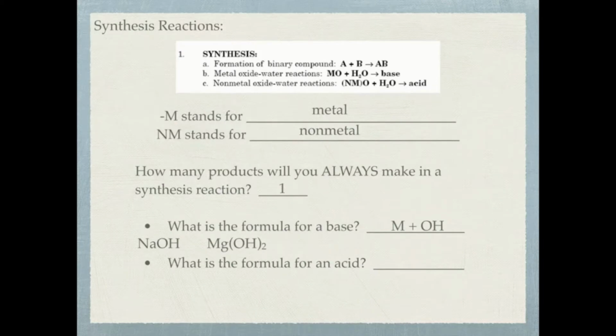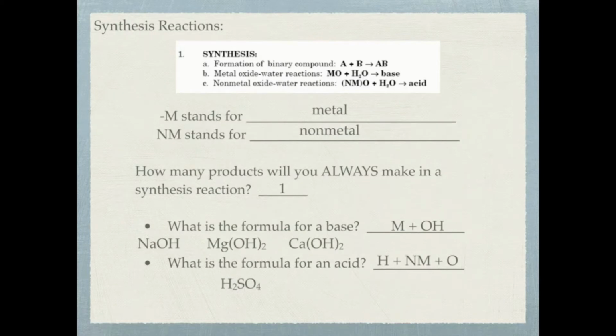And then for calcium, again, because calcium is a metal with a 2+ charge and hydroxide is -1, it would be Ca(OH)2. So those are bases. For an acid, the formula is hydrogen followed by a nonmetal, and then often followed by oxygen, not always. For example, H2SO4, that is an acid.